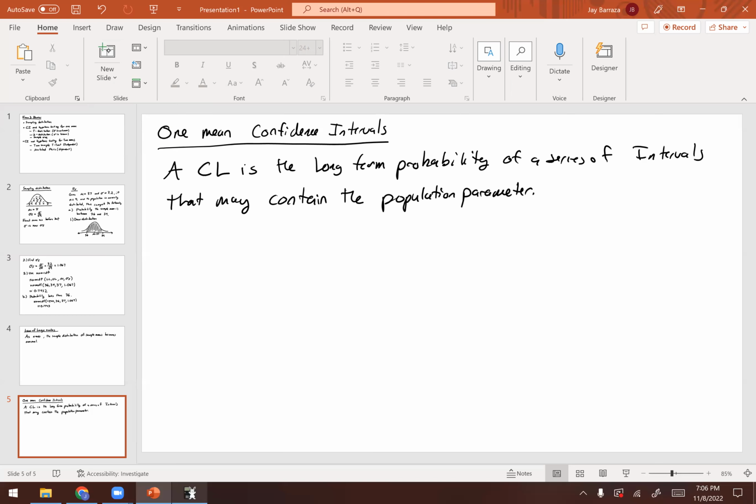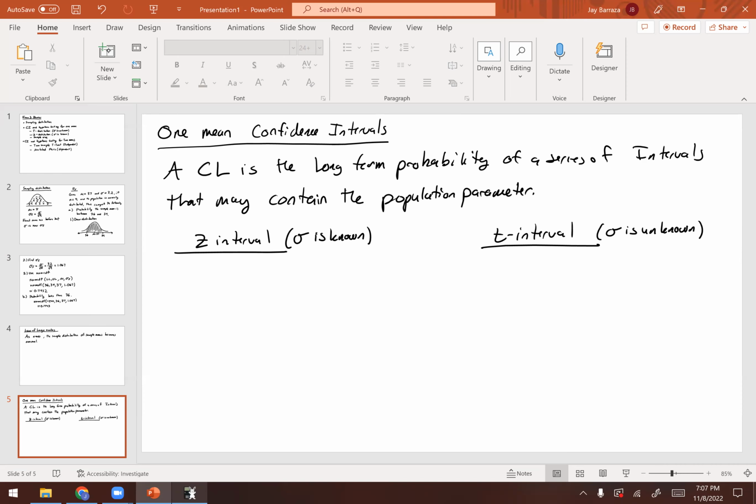So we have two confidence intervals for one mean that we have to pay attention to. That's going to be the Z interval and the T interval, right? So Z interval and T interval. So then the question is, how do I know which one to use, right? Well, again, it just goes down to sigma is known, sigma is unknown.